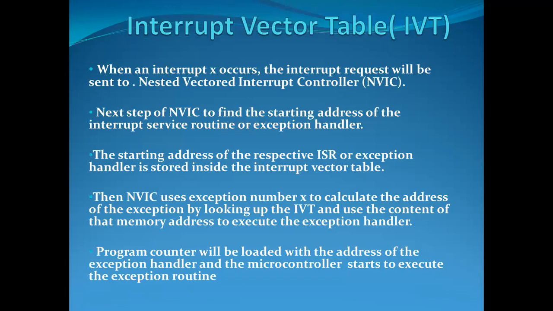When an interrupt X occurs, the interrupt request is sent to the nested vector interrupt controller, the NVIC. The next step of the NVIC is to find the starting address of the interrupt service routine, the ISR.